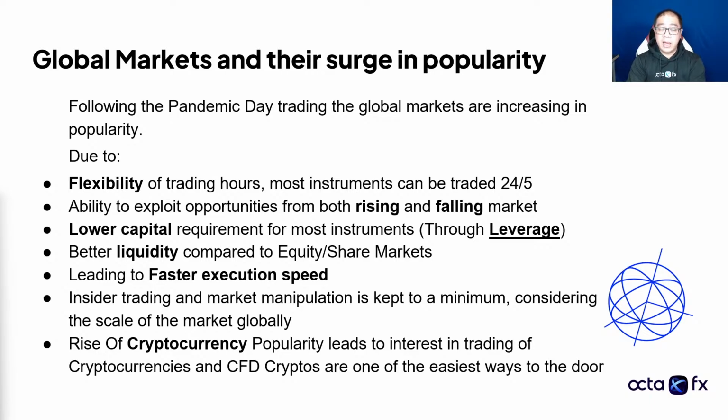So if you click buy and sell, you don't have to wait for some other traders to actually take on your orders. Your orders are pretty much filled in milliseconds. It's really quick. I'm going to show it later to you. Insider trading and market manipulation is also kept to a minimum, considering the scale of the market globally. We are talking about global markets. We're not talking about trading some specific company stocks.